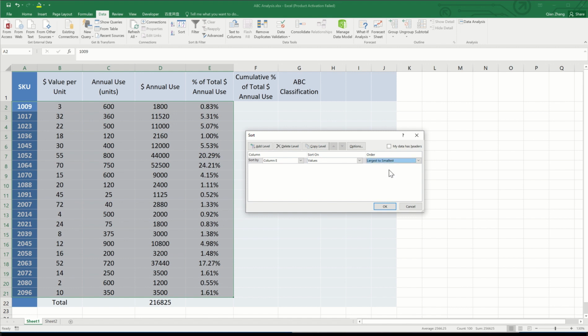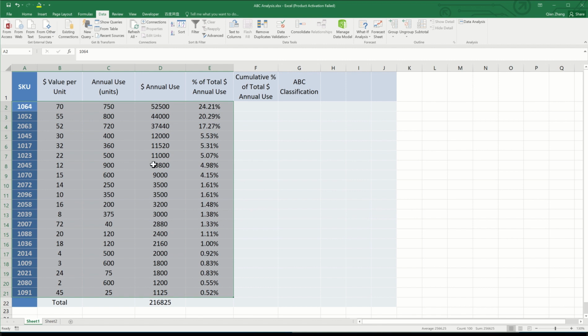Because we want to know which inventories are the most important, we want to rank them from the largest number to the smallest number. So we choose largest to smallest and click OK. And you will find that all of the SKUs have been ordered by percentage of total value from the largest to the smallest.